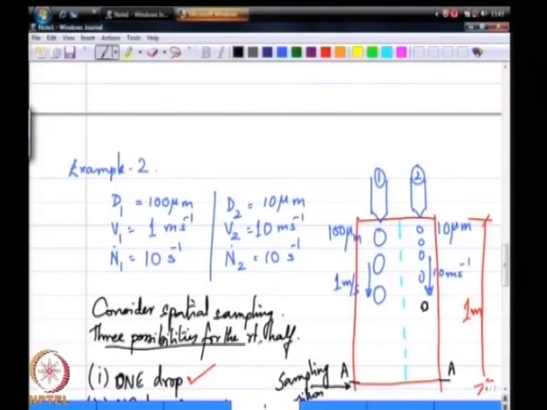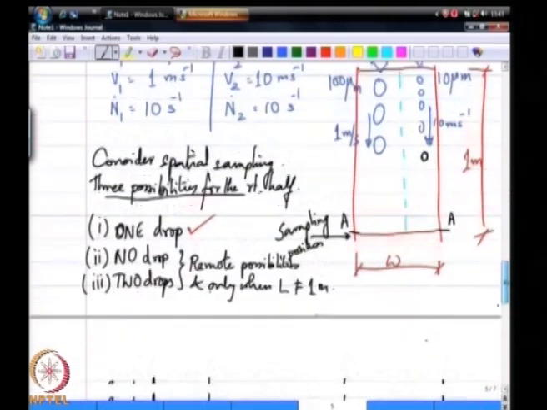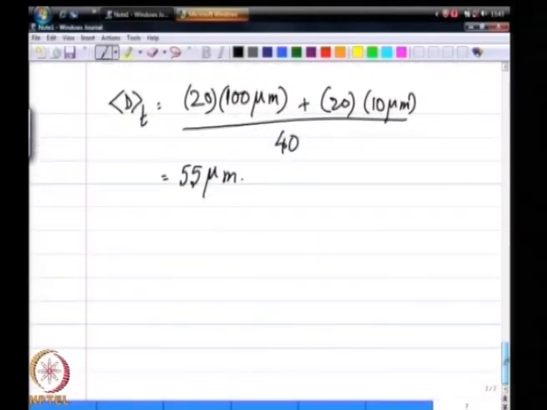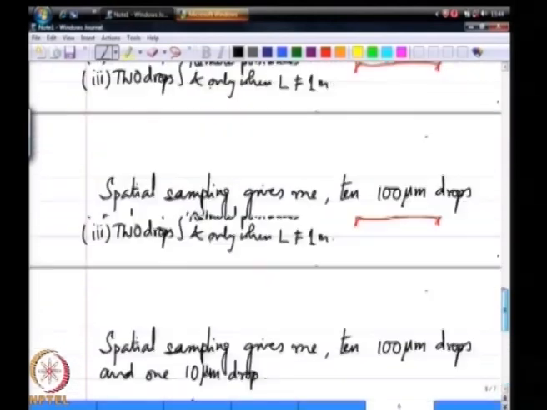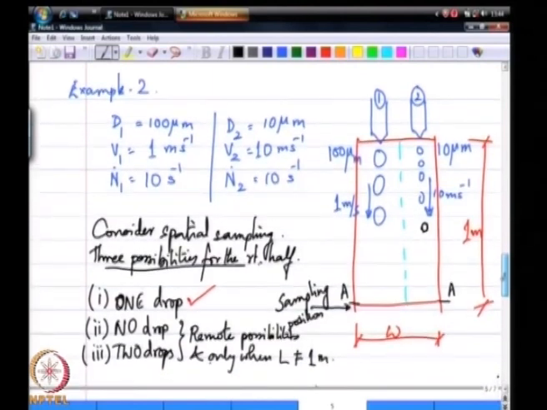We can look at an example 3 where we go back to V2 being 1 meter per second and n1 dot or n2 dot being, let us say, 100 per second or 1 per second. Okay. You will see that. So, let us actually complete that example just so we gain our complete understanding of the whole problem.